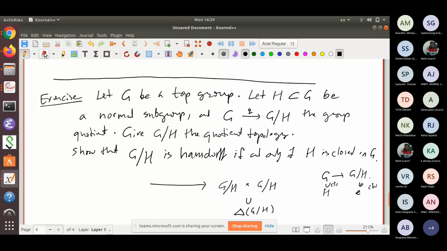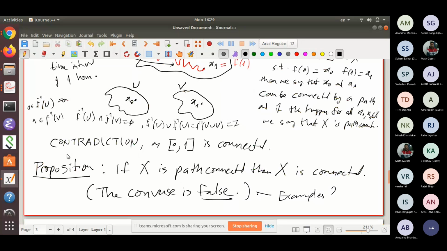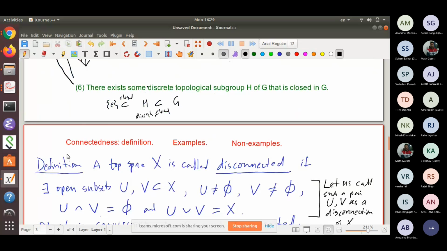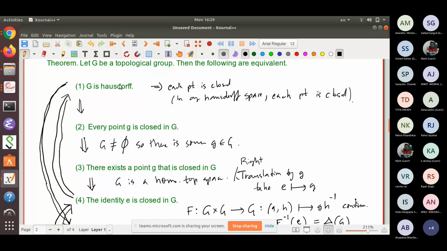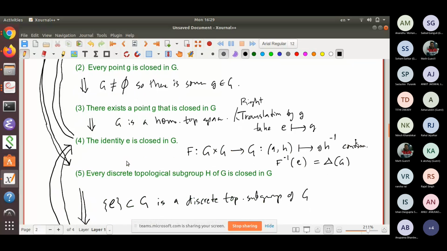You don't even have to think of the diagonal if you are willing to use our earlier exercises. Very good. So simply go back to our earlier exercises which said, when is a group Hausdorff? A group is Hausdorff is equivalent to the identity being closed.